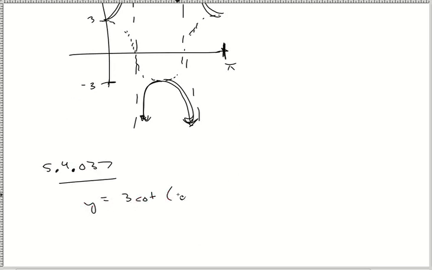But moving on. 3 cotangent of x plus pi over 4. Now notice that, again, I got this plus sign right there. It should be a minus sign. If I were to rewrite this, I've got 1x minus a negative pi over 4. Okay?